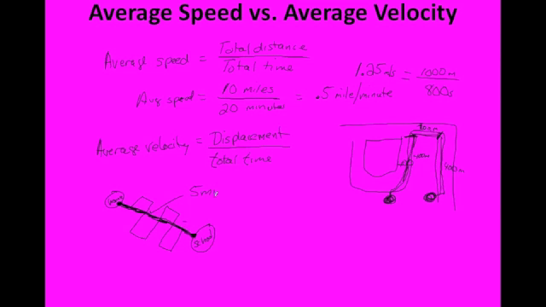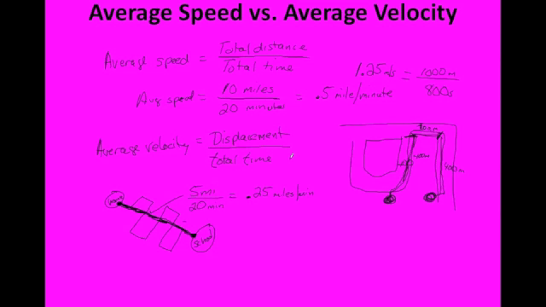So in order to calculate velocity, you actually traveled 5 miles in 20 minutes. So your average velocity on that trip would be 5 divided by 20, which is equal to 0.25 miles per minute. And you can see that's a significant difference. Your velocity is actually half of what average speed is.